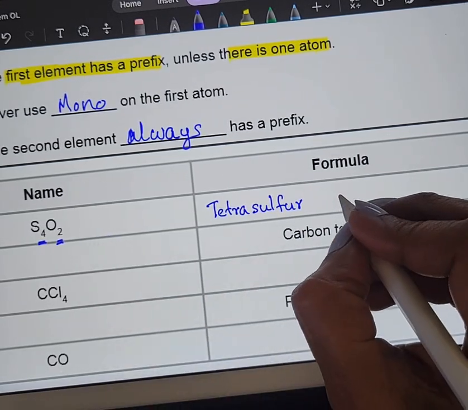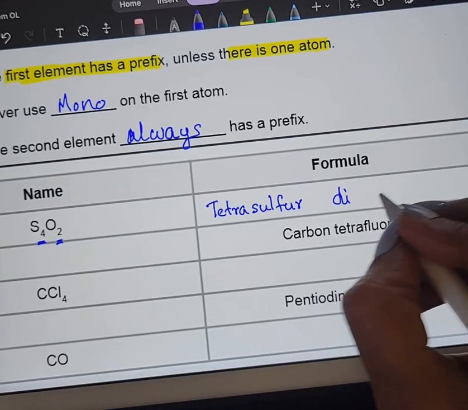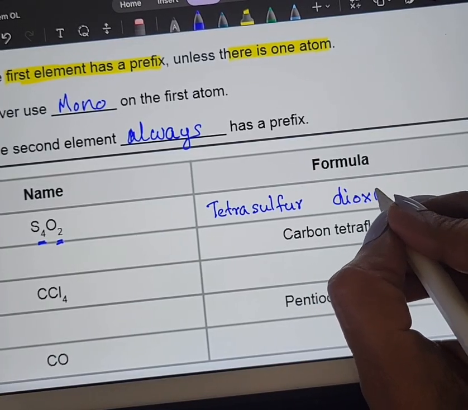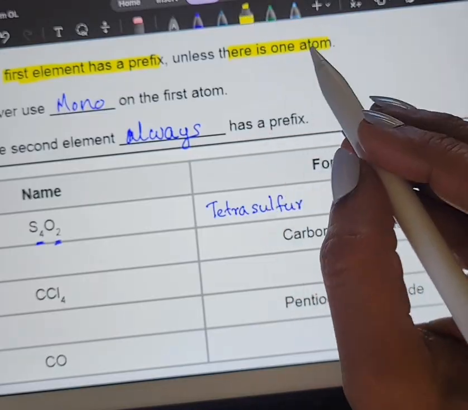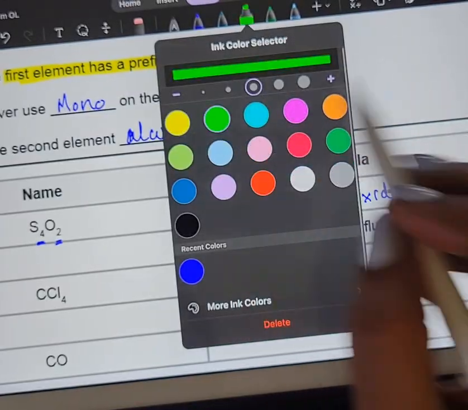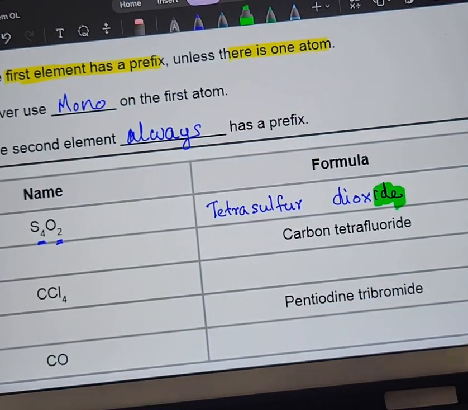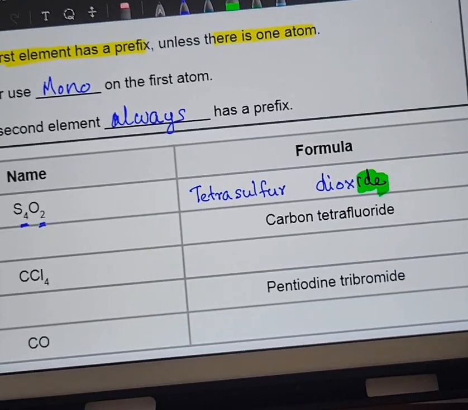And there are 2 oxygens, so I'm going to write di. And oxygen should end in IDE. That is the rule we learned earlier. There is no change in that rule, okay? The second element always ends in IDE. So it is tetrasulfur dioxide.